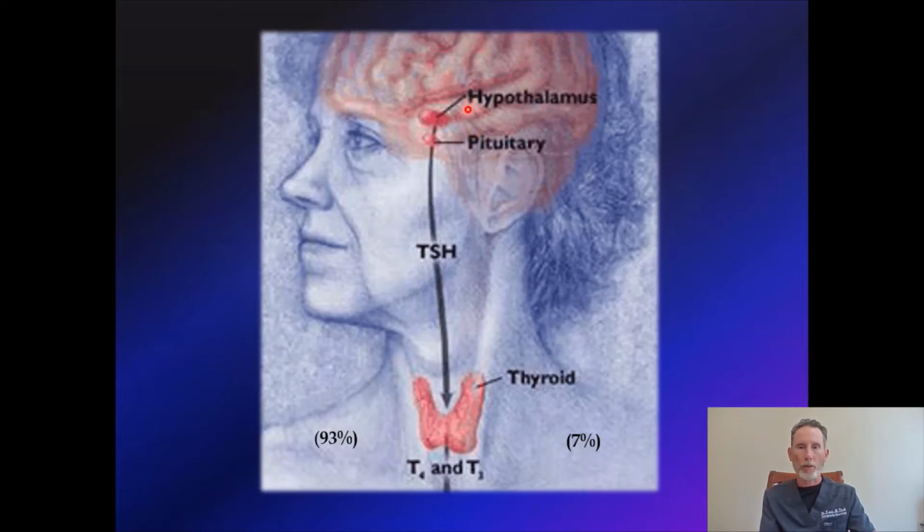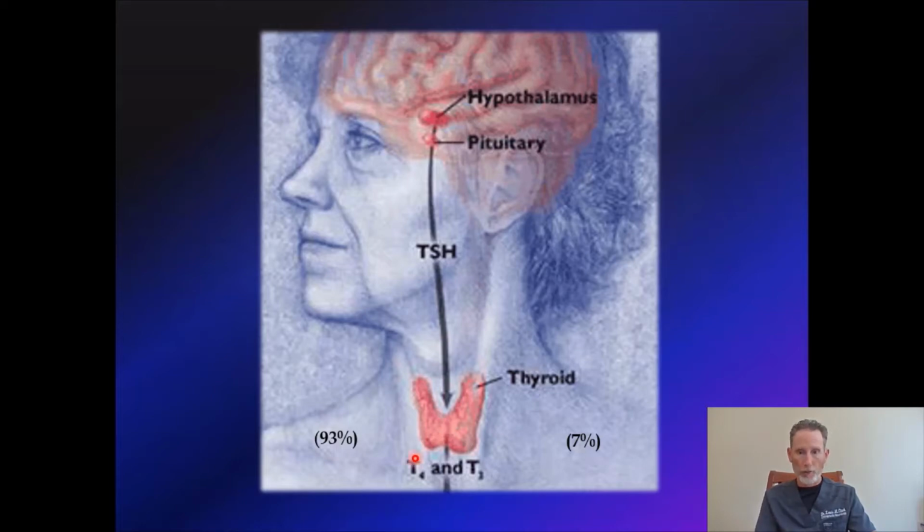That's called thyroid releasing hormone. And then the pituitary secretes the hormone that you're probably familiar with called TSH, thyroid stimulating hormone. This hormone then goes down to the thyroid to initiate production of thyroid hormone.